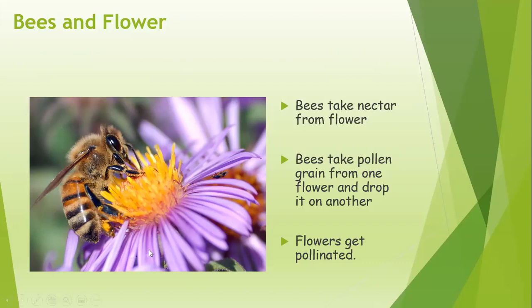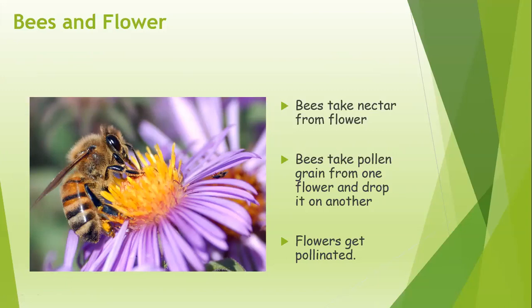Now, these pollen grains, the small round things here, the white and sometimes yellow color, these pollen grains get attached to the body of the honeybee. So as this honeybee moves from one flower to another flower, it drops these pollen grains on another flower. This is how flowers get pollinated.